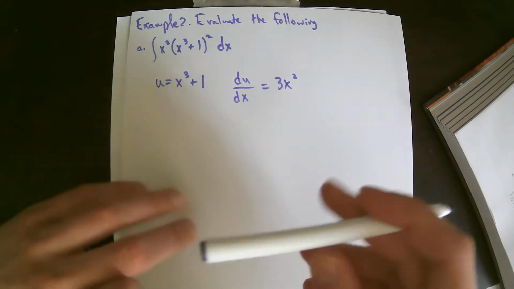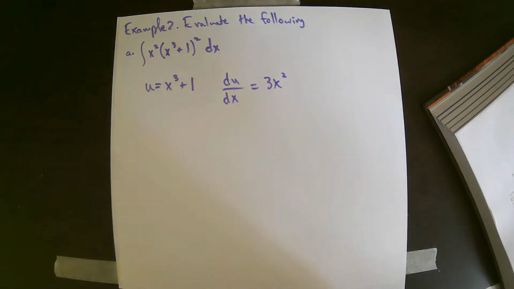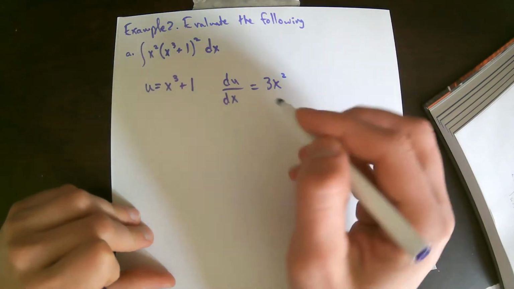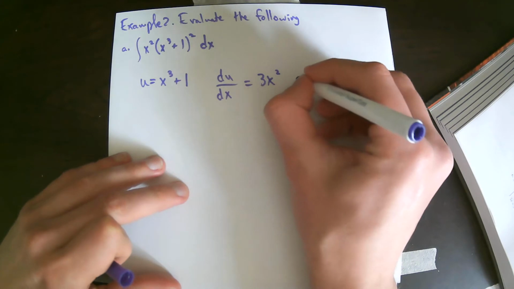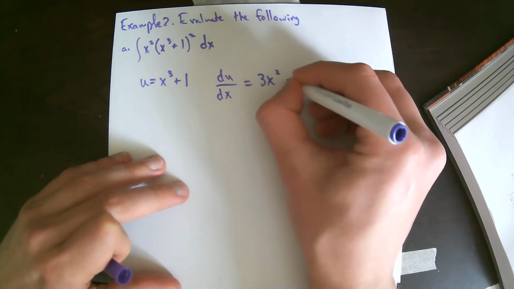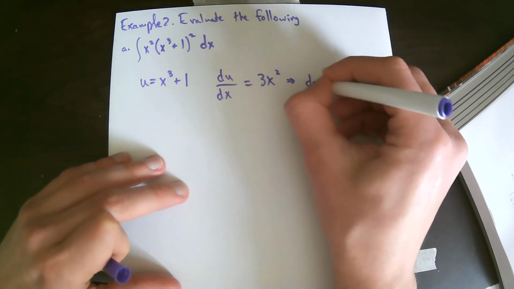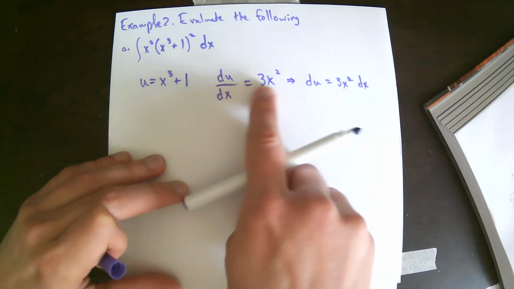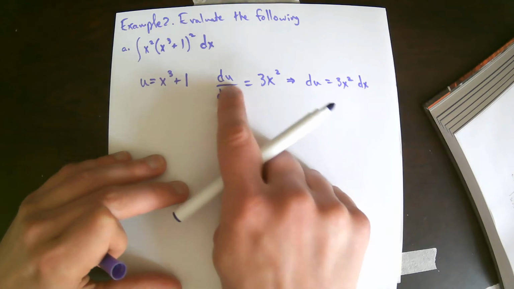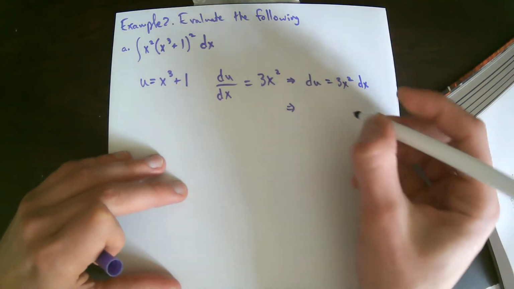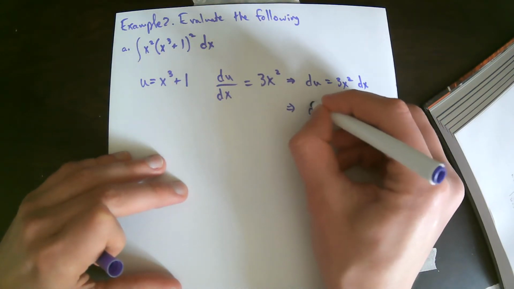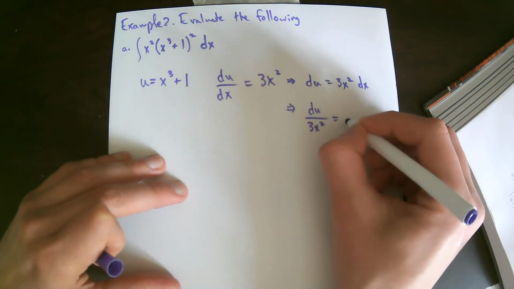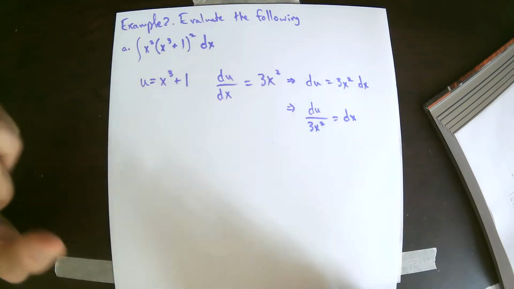Now, solve for dx. du is going to equal 3x squared dx, by multiplying by dx on both sides, getting it out of the denominator. Then dividing by 3x squared, there we go. I've got dx solved for.